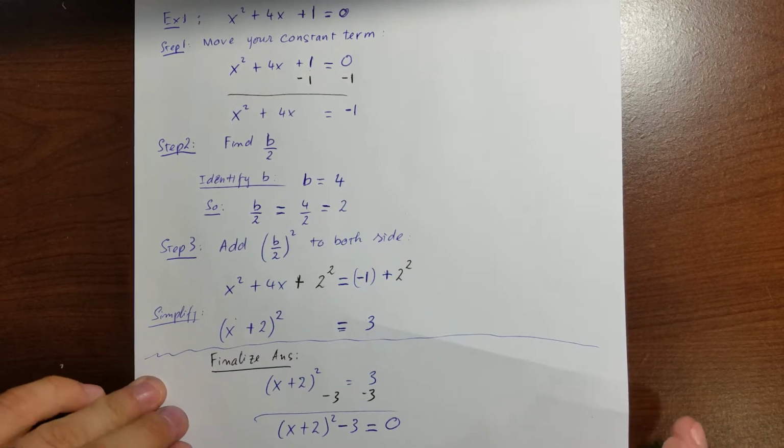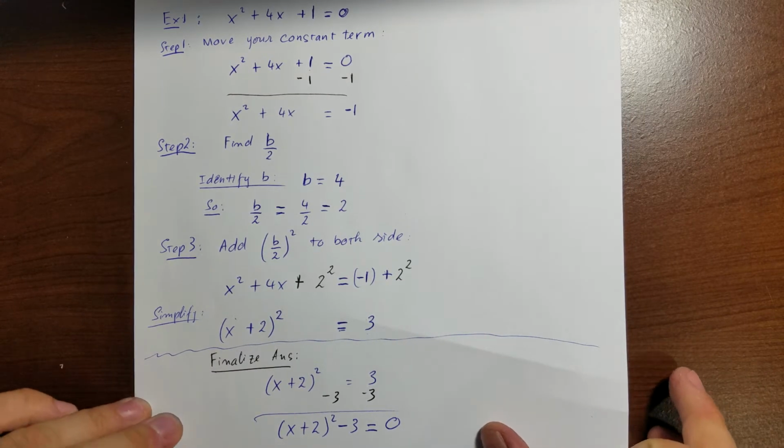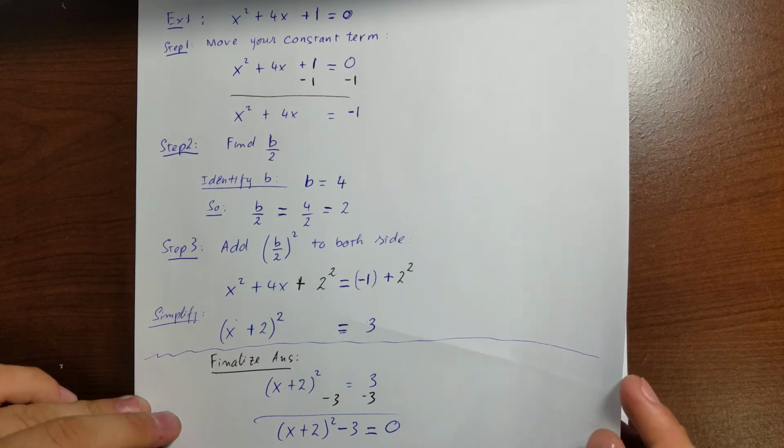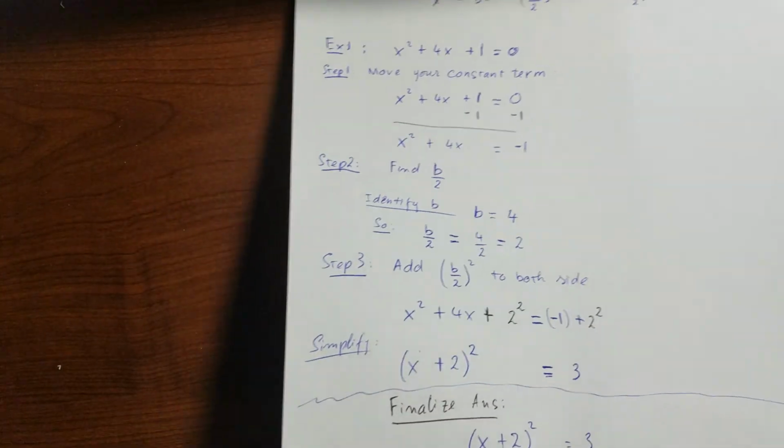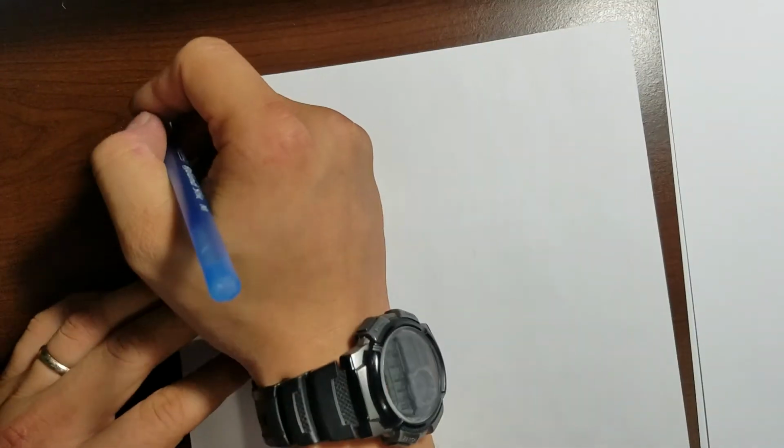Again, if you have any question, feel free to pause the video or send me an email. Then most likely when you have this question on your test, they will ask you to solve for x.